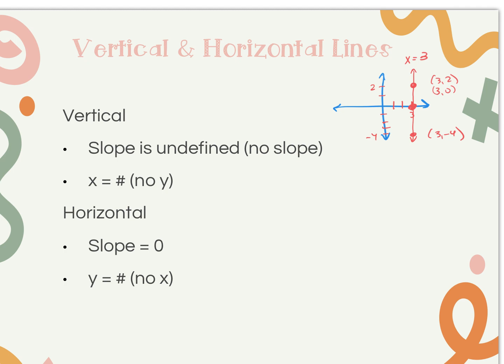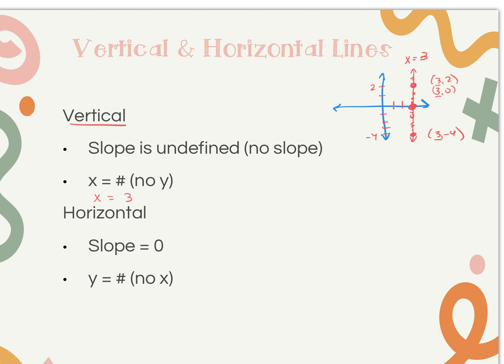And so whenever you have a vertical line, your equation is always going to be x equals whatever this number is. So it's going to be x equals 3 in our example. And there's no y in your actual equation. So x will always be 3. You basically just go down and plot all these points to infinity, infinite numbers of points where x is 3.